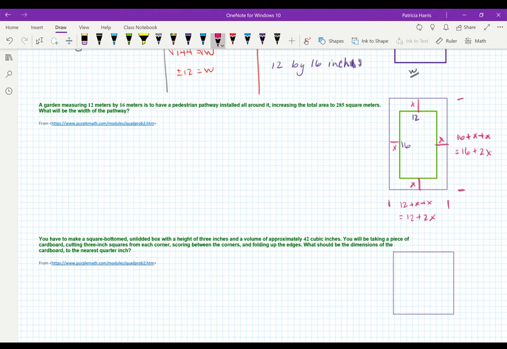Okay, now these new dimensions create an area of 285 square meters. So we know the area of a rectangle is length times width or base times height. Okay, we're going to go length times width. All right, here we go. So our new area is 285 square meters.